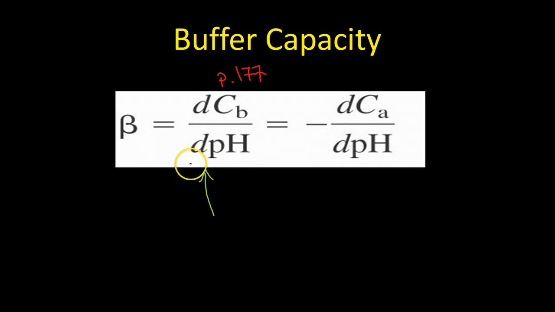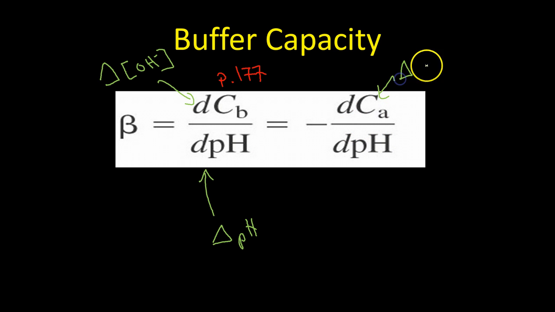Both of these, this d here, small d, you can think of as the change in pH. And this is your change in concentration of, in this case, your base, which would be hydroxide. The same thing can be thought of in terms of your acid, so this here would just be your change in proton concentration.